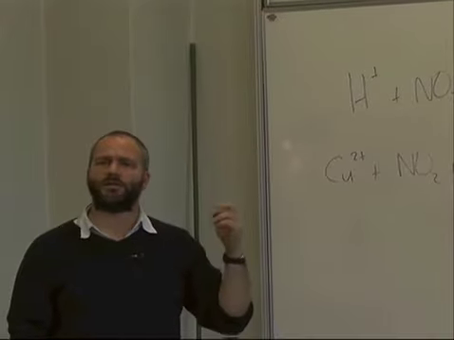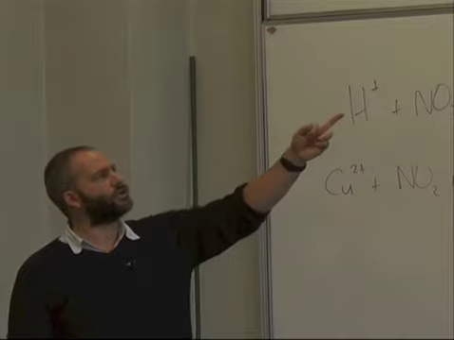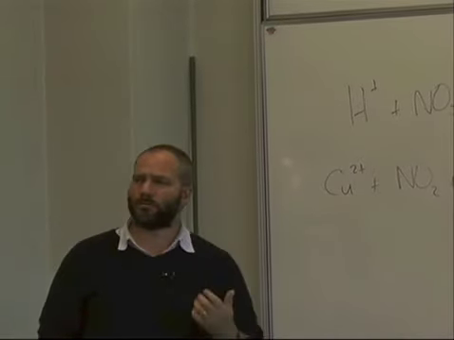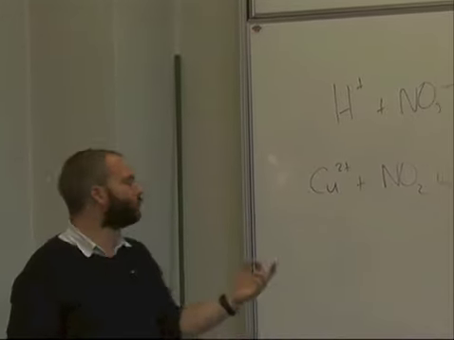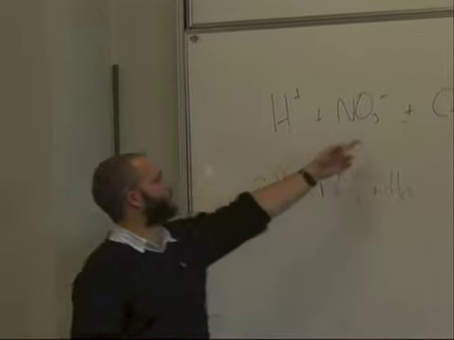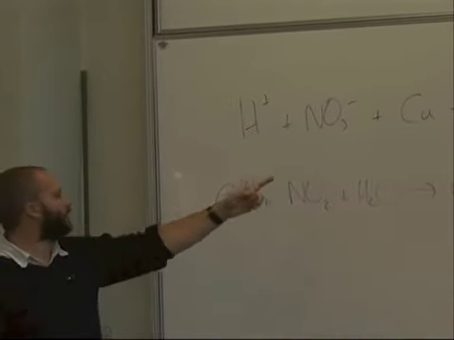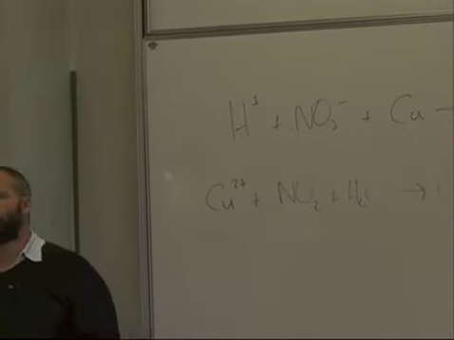And what I'm saying is that the reaction that actually happens will be the one where the reduction is for the redox couple with the more positive number. Right? So this means that if you mix nitric acid and copper, you would expect there to be a reaction. If you mix copper 2 plus and bubble NO2 gas through it, you would expect there to be no reaction.